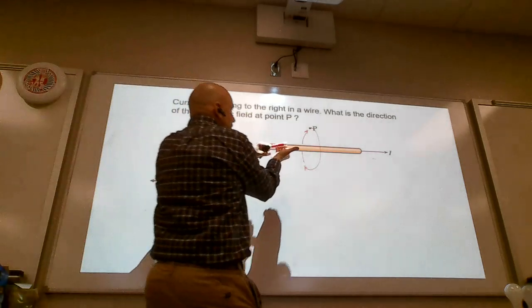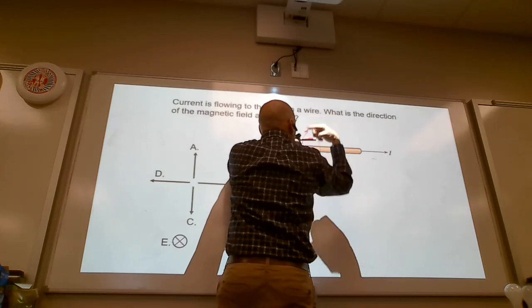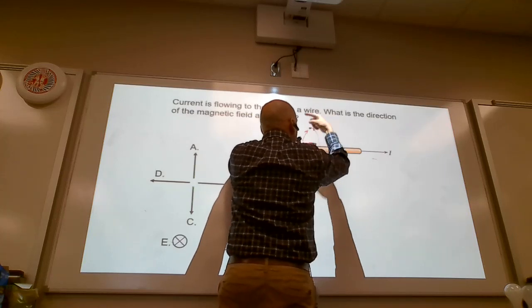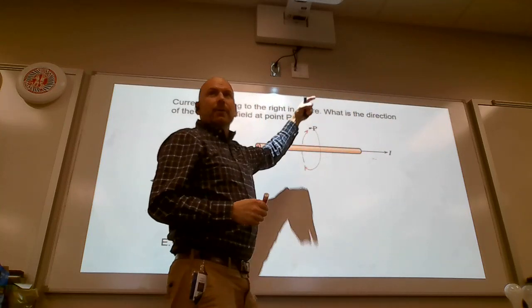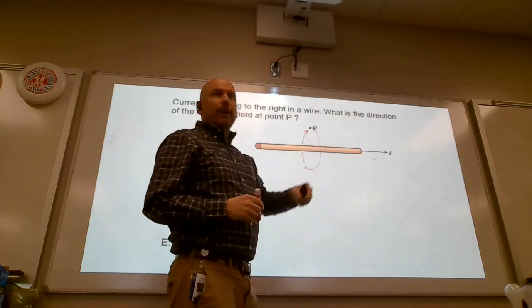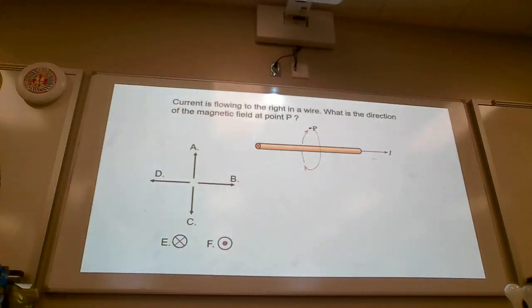The tennis ball is going around like this. Which way would it go if you let go at point P? Out of the page at you, tangent to the circular path. Good with that? Okay.